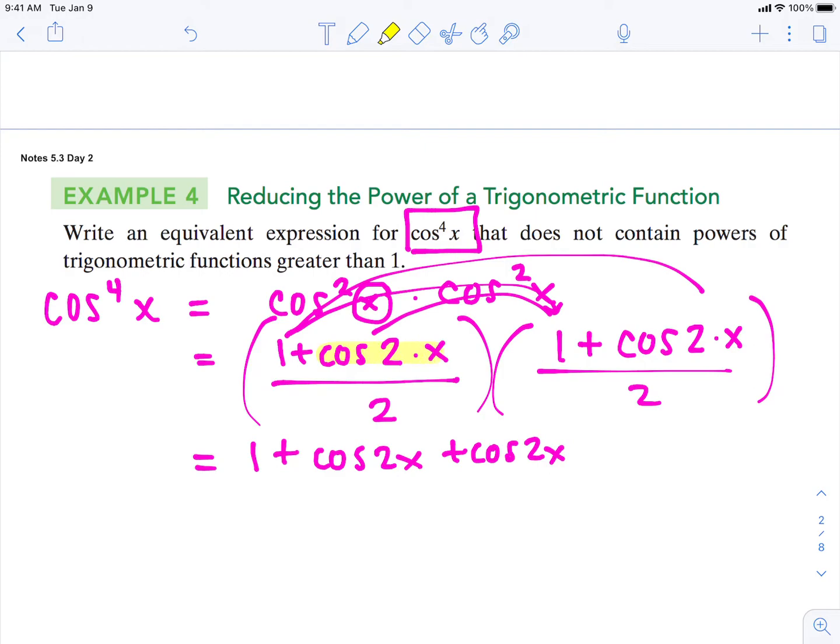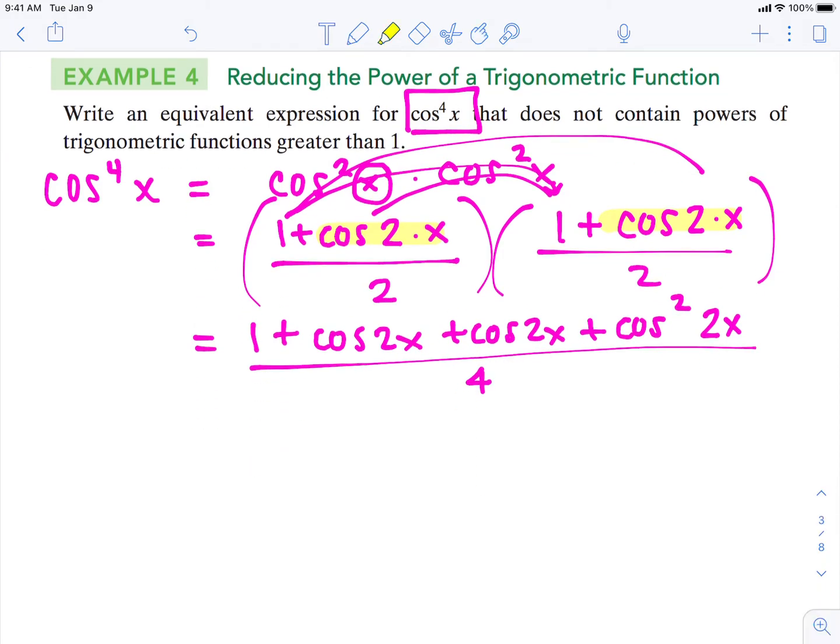We're taking the last cosine 2x times cosine 2x. So when we do that last term, it's going to go cosine squared of 2x. And then all over, in the denominator, we're going to multiply 2 times 2, which is 4.